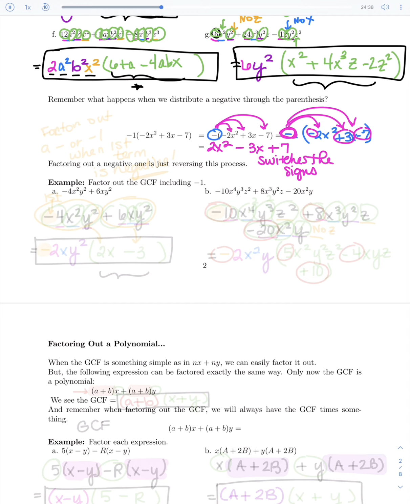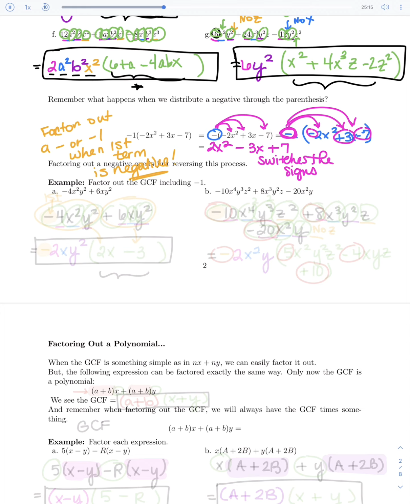We will factor out a negative sign or a -1 when, and this is only when, the first term is negative. It's the only time. But we do need to watch out for this because it will pop up here and there throughout the chapter. So let's take a look at an example.